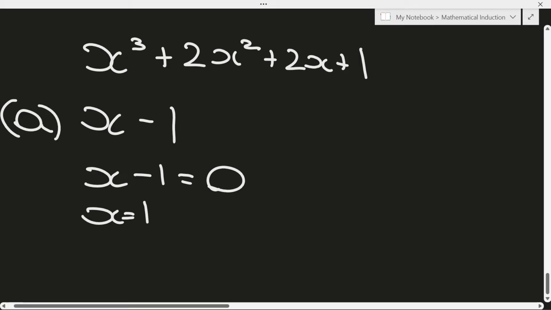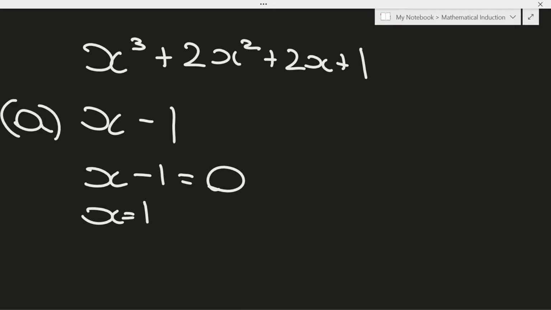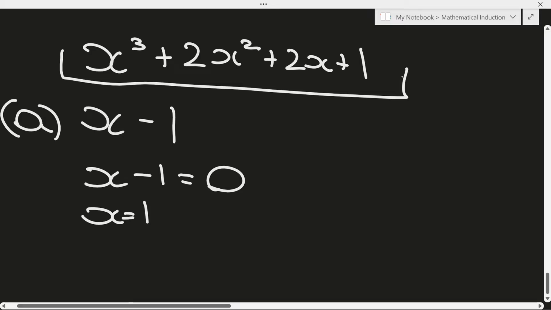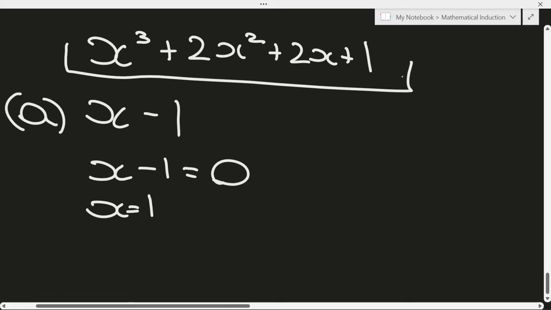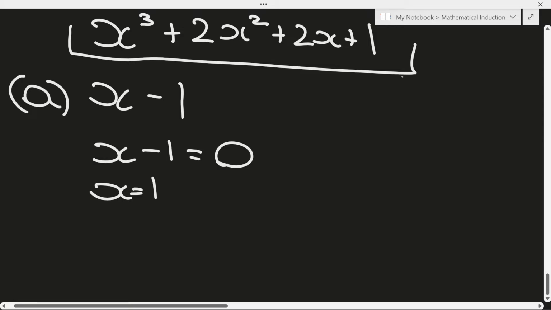Now, if you remember in the earlier stages, I said that if when a value for x is substituted in the polynomial, it equates to 0, that is a factor. So let's say we substitute 1 here.